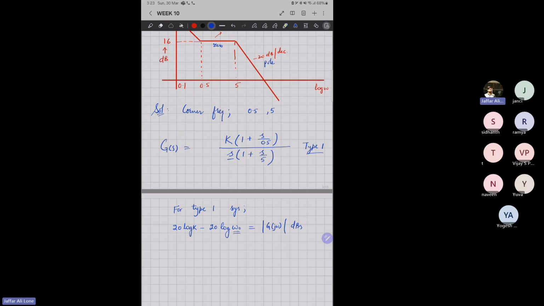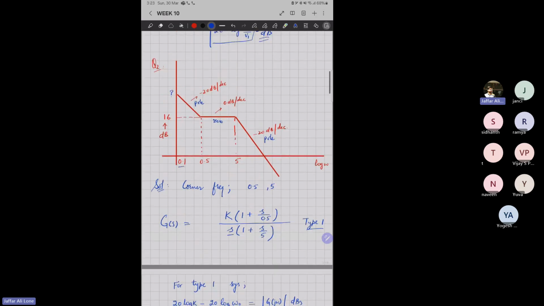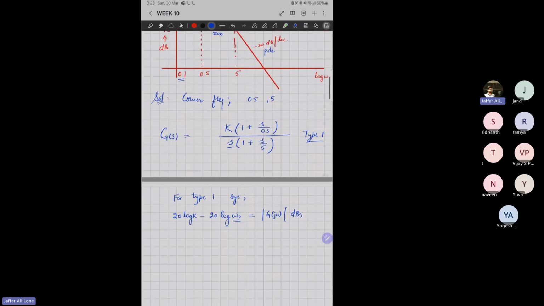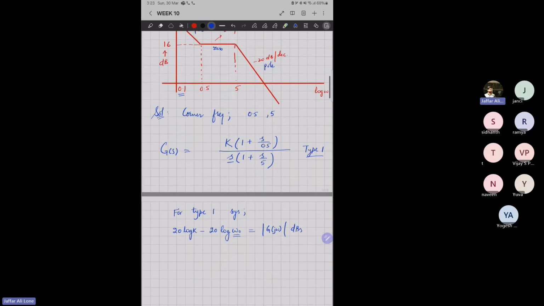What is this omega naught? Omega naught is the frequency where it begins, right? It can be 0.1, 0.001, it depends. And if it is a type 2 system, then here it will be minus 40. Similarly, if it is a type 3 system, minus 60, and so on.